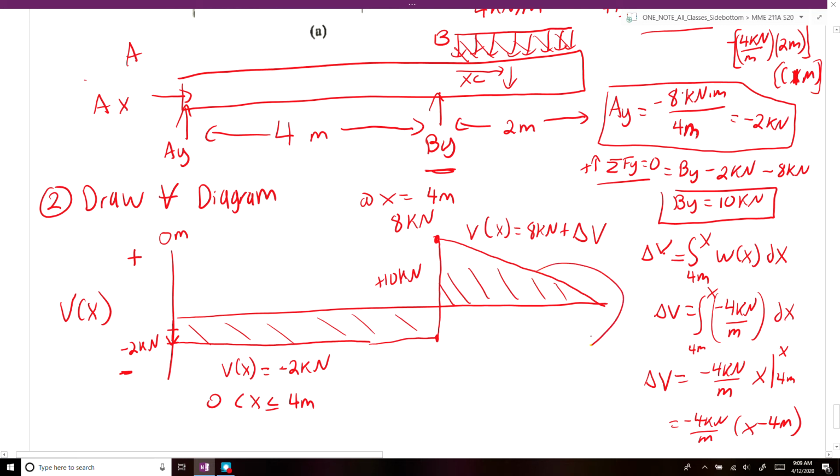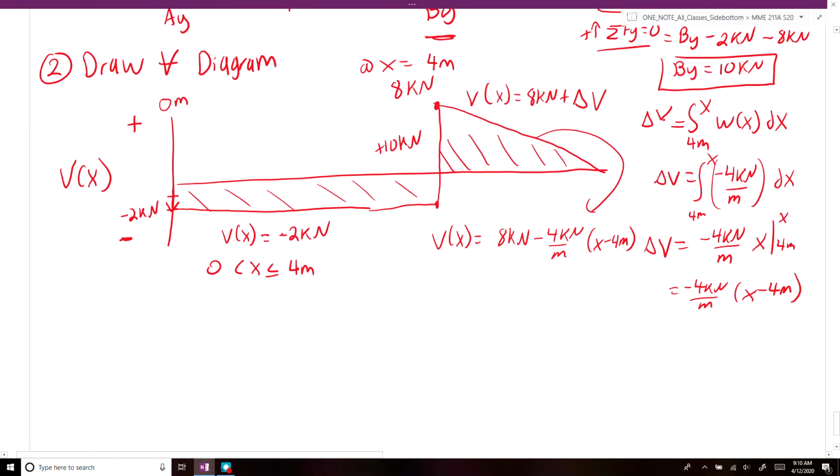Our equation ends up being V of x is equal to 8 kilonewtons minus 4 kilonewtons per meter times x minus 4 meters. Alright, and then our last step is we can draw our moment diagram.